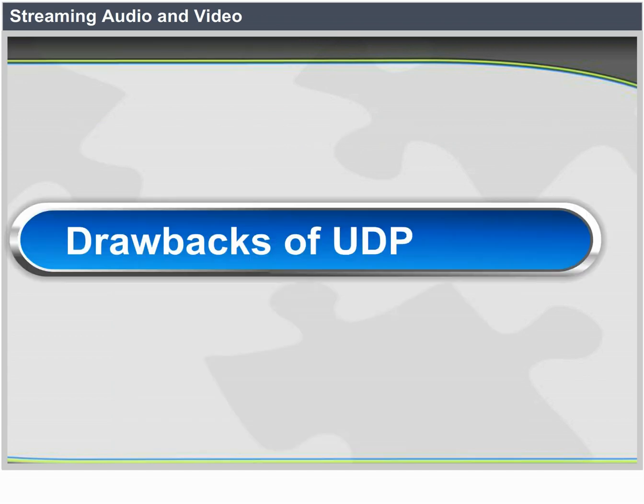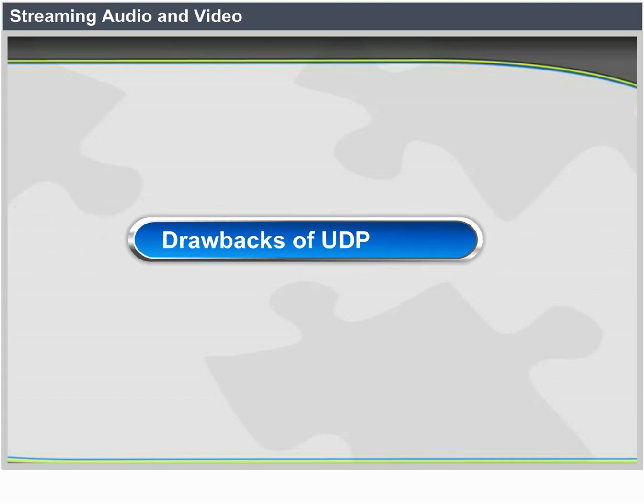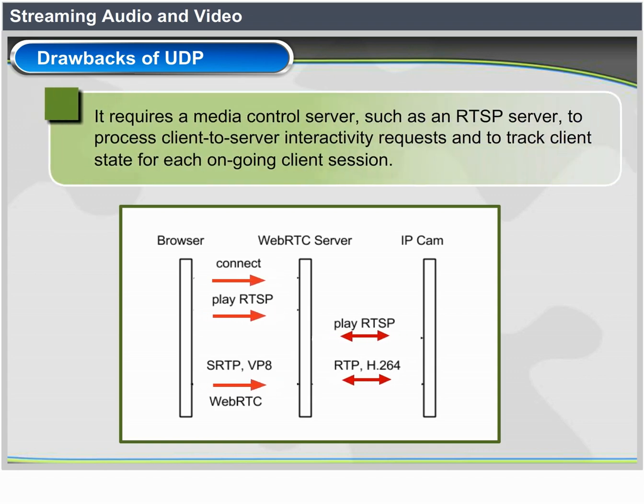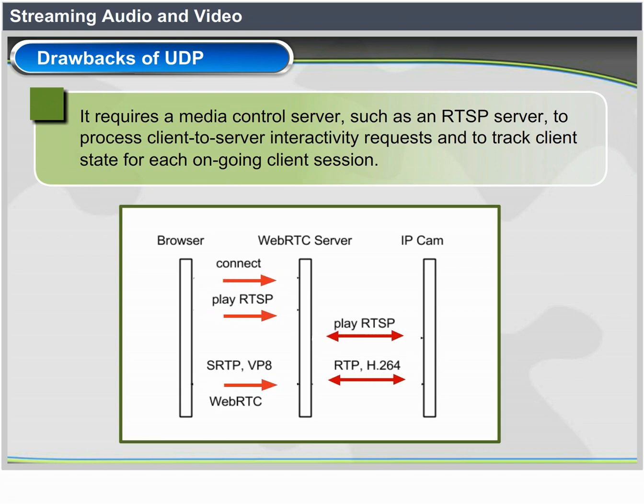Drawbacks of UDP. Due to the unpredictable and varying amount of available bandwidth between server and client, constant-rate UDP streaming can fail to provide continuous playout. It requires a media control server, such as an RTSP server, to process client-to-server interactivity requests and to track client state for each ongoing client session.